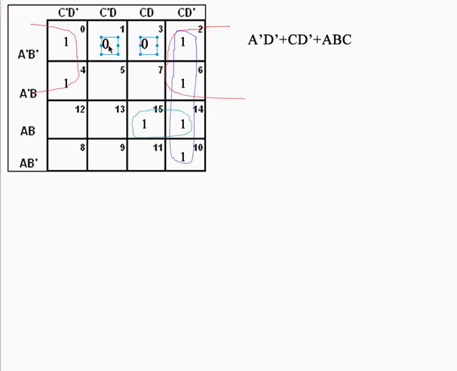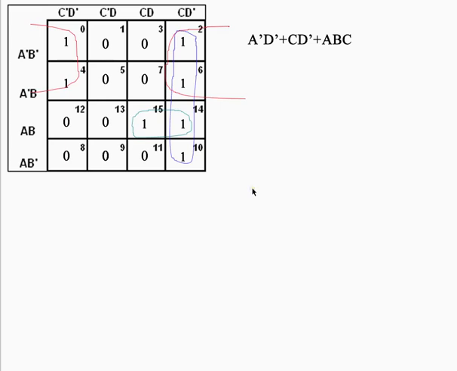I need to take these two and move them over here, and then I need these ones here, and these ones right here, and I need one more, which should be right there. All right, so here's my function now.